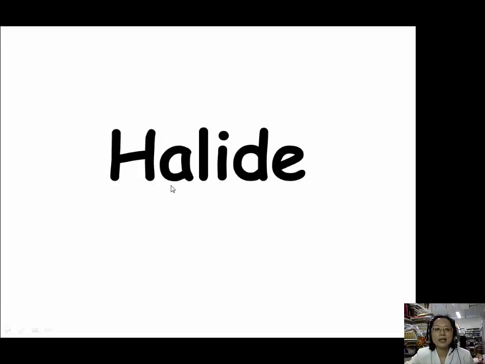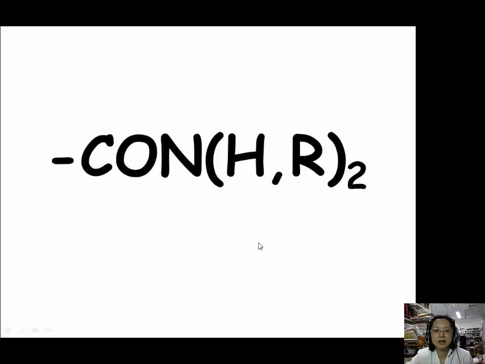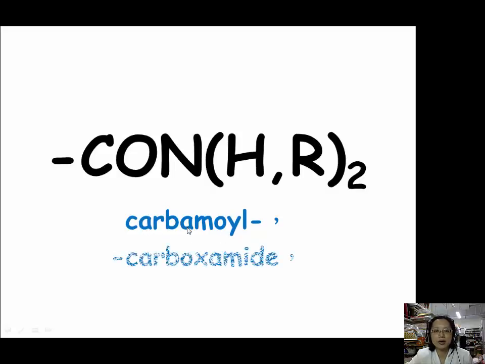To describe halide, we have the prefix halo and the suffix ane. For the amide group, we can use the prefix carbamoyl, and the suffix carboxamide and amide.